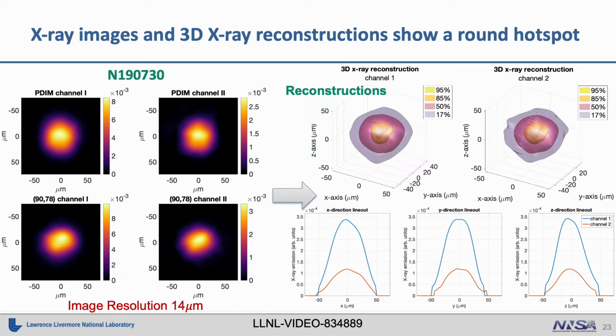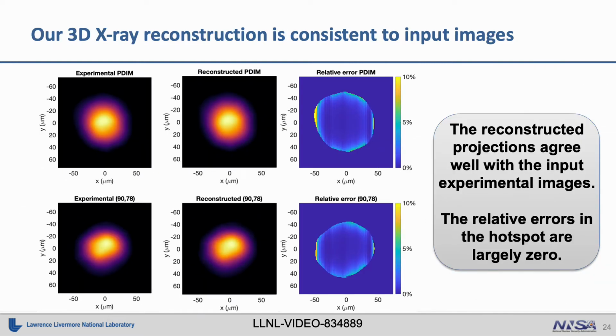In order to check the consistency of our algorithm, we have done the back projection to the same imaging line of sight to obtain the 2D X-ray projection image for comparison.